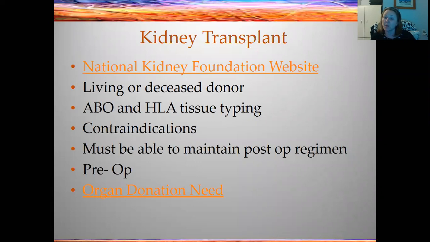So an inoperable cardiac disease or chronic lung disease, severe peripheral vascular disease, anything like that. An active ongoing infection like HIV, hepatitis B or C, class 2 obesity.